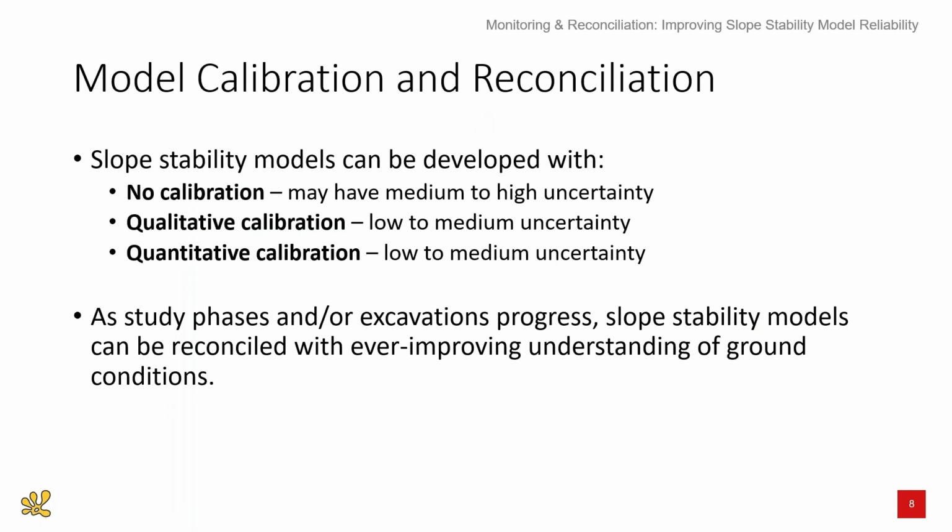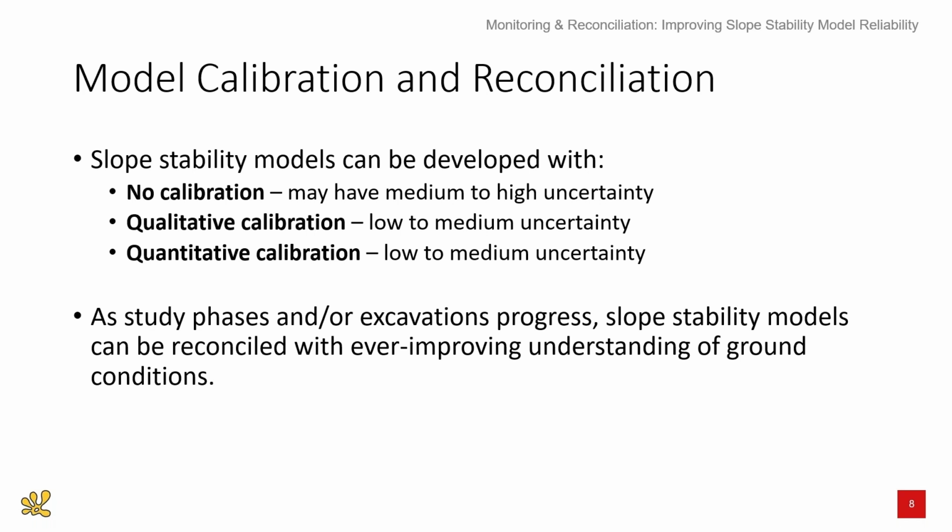So the need for monitoring, and monitoring to do model calibration and reconciliation. Basically, we can develop slope stability models with no calibration, qualitative calibration, or quantitative. No calibration basically means we run a model based purely on subsurface site investigation data with no calibration at all.